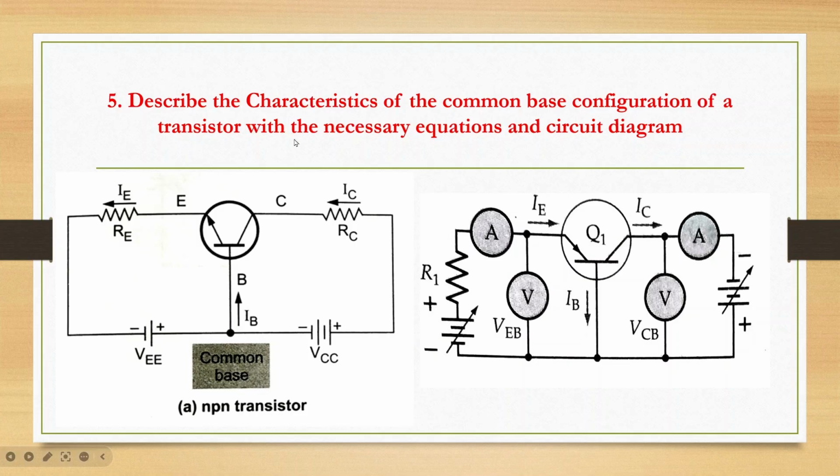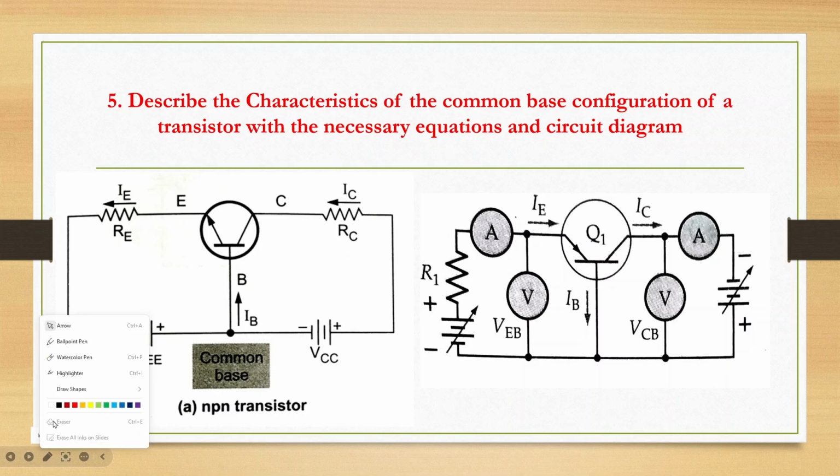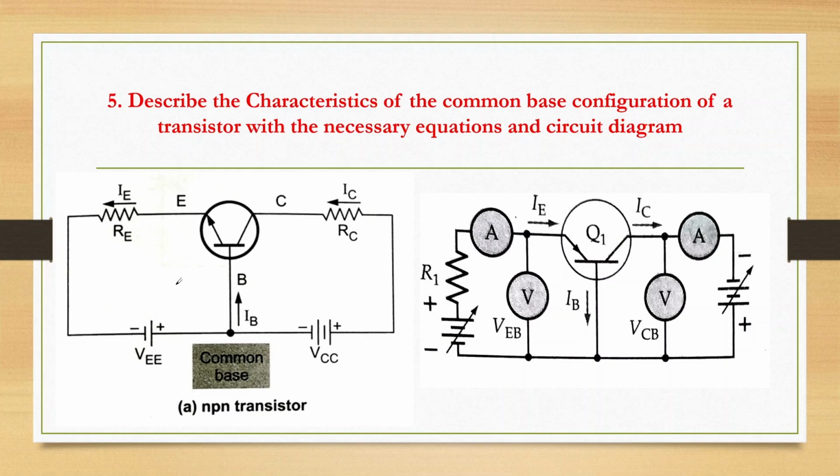There are three important characteristics, which we name static characteristics of transistors. Here we have the input characteristics, the output characteristics, and the transfer characteristics, that is the constant current transfer characteristics.